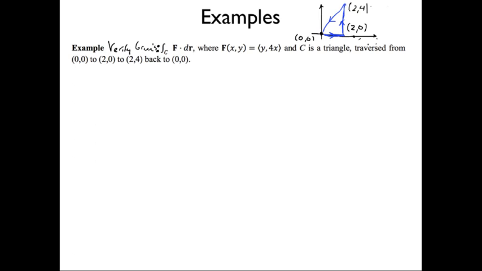So we've got to do the line integral, right? So over here, we're going to do the circulation, F dot dr. And over here, what will we do? That's over C, the double integral over D of Qx minus Py dA.